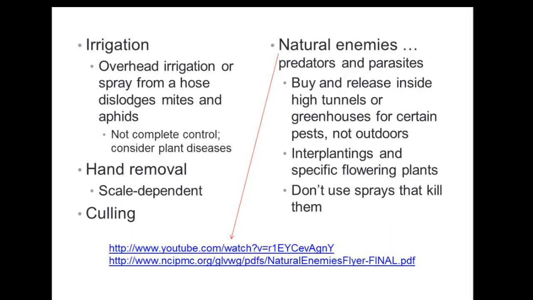There is a good case to be made for buying and releasing predators or parasites of mites or aphids or thrips in high tunnels or greenhouses. Outdoors, there's almost no good data to show that those work very well. You're much better off to try to use the interplantings and specific flowering plants that attract natural enemies and not to use sprays that kill them than you are to try to buy them and release them.